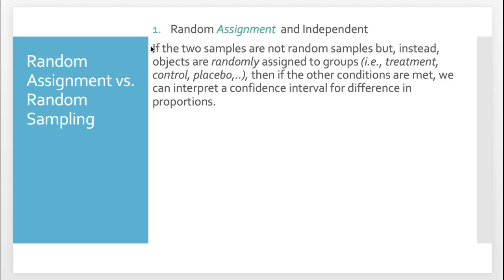Remember in a controlled experiment, we have a random sample and then we flip a coin: you go to treatment, flip a coin, you go to control. So we randomly assign them into the various groups. We can apply these methods within a controlled experiment to see a difference between two populations, mainly the treatment group and the control group.